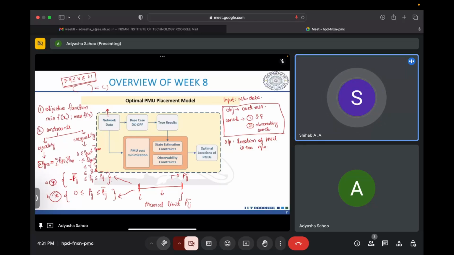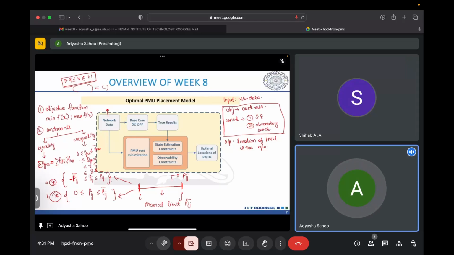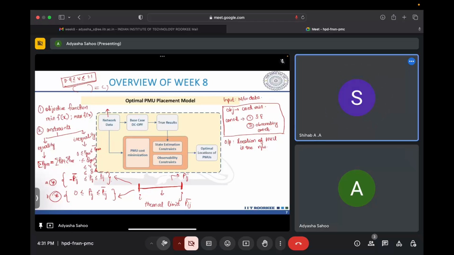Actually, the second one, because sometimes no load, then the second B constraint is okay. Okay, but in a practical power system, can you always ensure that the power is flowing from I to J? Cannot the power flow from J to I? Yes, possible.